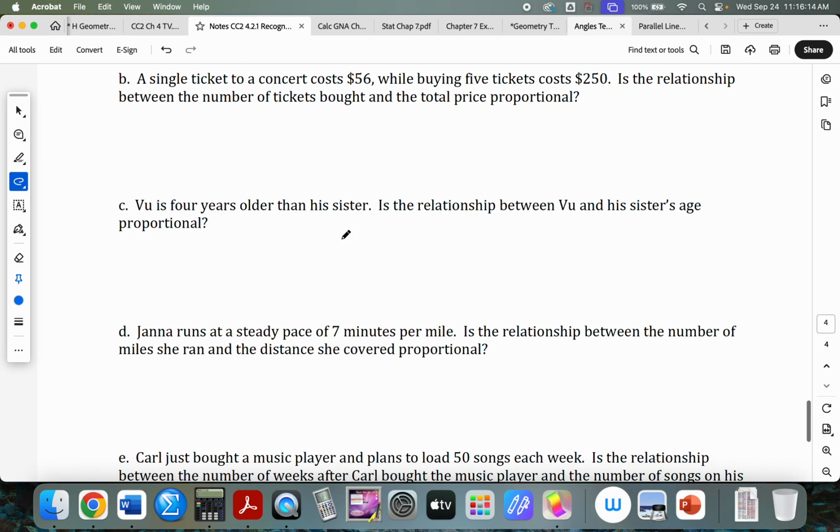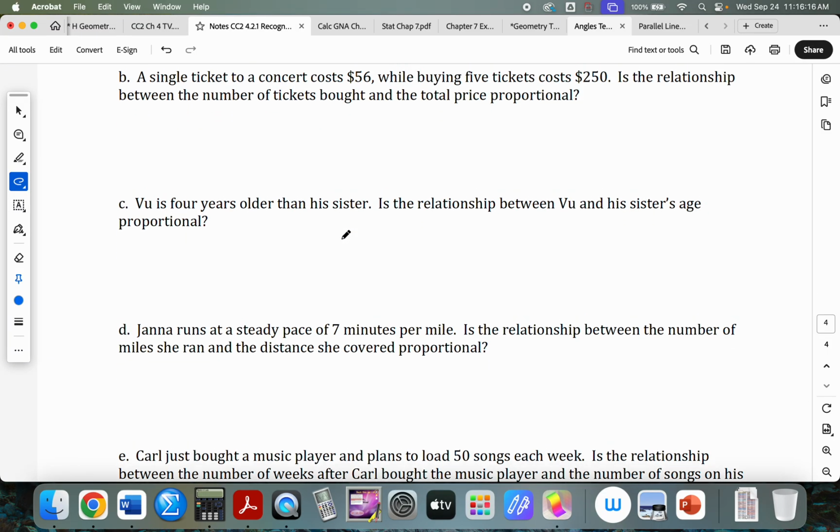Let's look at B, and then I'll let you on your own from there. So a single ticket to a concert costs $56, while buying 5 tickets costs $250. Is the relationship between the number of tickets bought and the total price proportional? I've already got some people shaking their heads. Why not? I need some new volunteers.